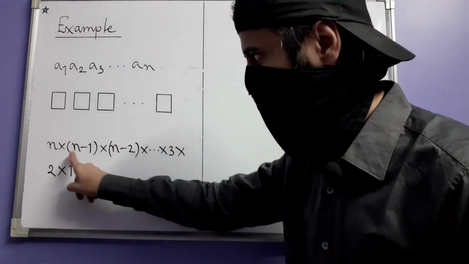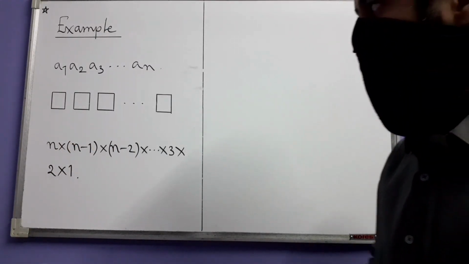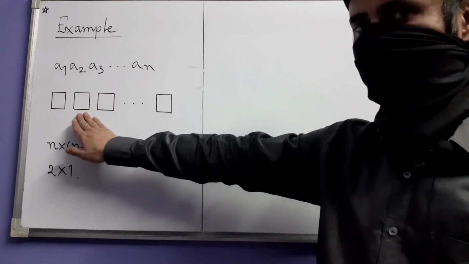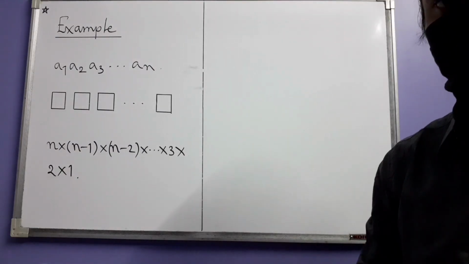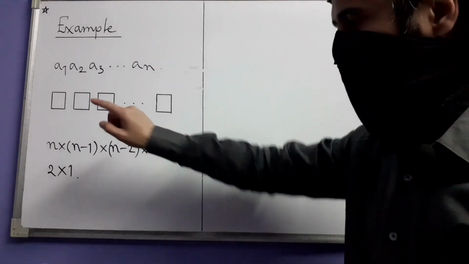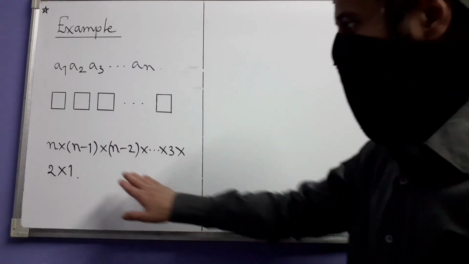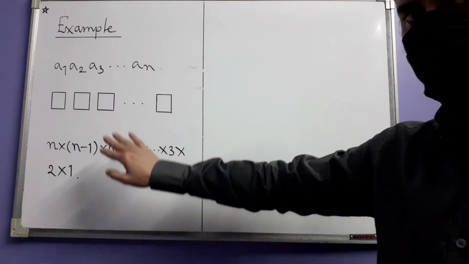So we take the product of n and n minus 1. Now once you have chosen a letter for the first box and also for the second box, how many letters are you left with? n minus 2. Using them, the third box can be filled in n minus 2 ways. That is why you further multiply by n minus 2. That's how it goes.